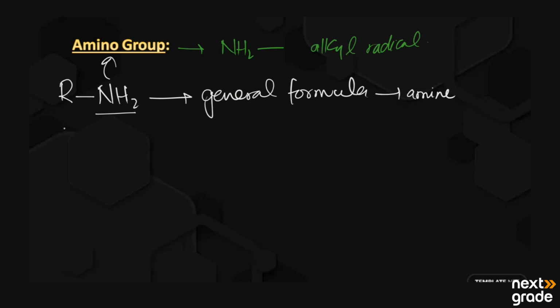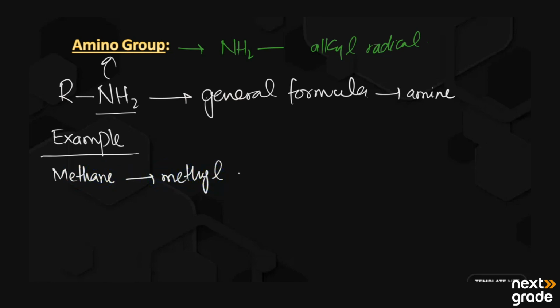Let's have an example for the amino group. If we take the alkyl radical from methane, we just get the methyl, and by attaching methyl with the amino group, we get methyl, and to the word we just add amine.